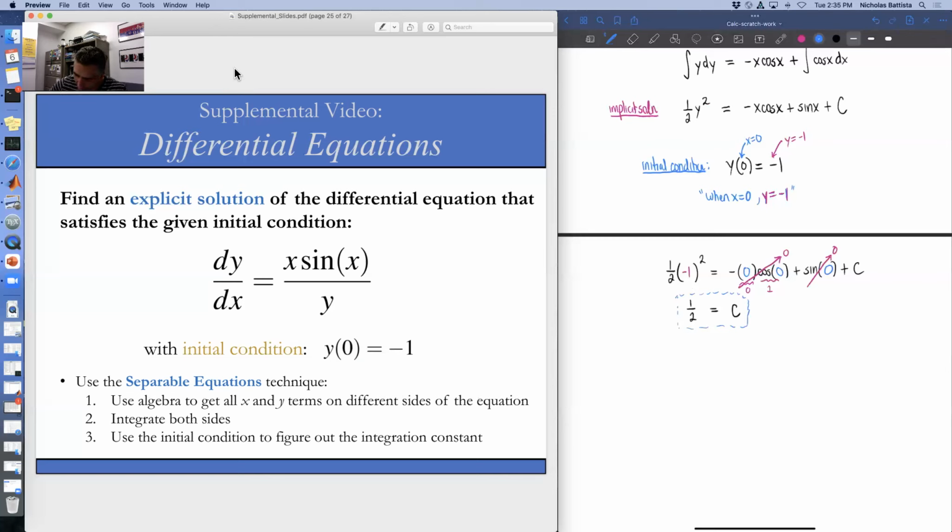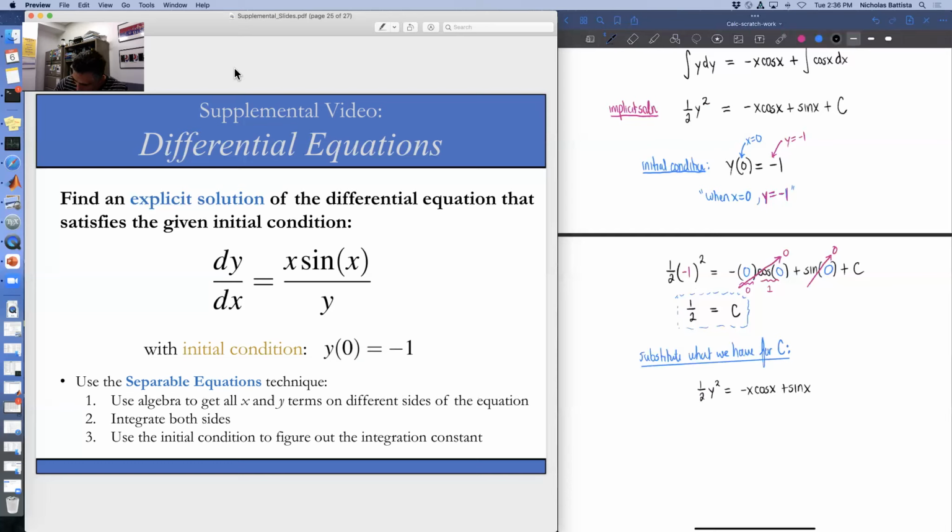So we can substitute that back into our implicit solution up above, just replacing that c with the 1/2. So I'll just say substitute what we have for c. So we have 1/2 y squared equals -x cosine of x plus sine of x.